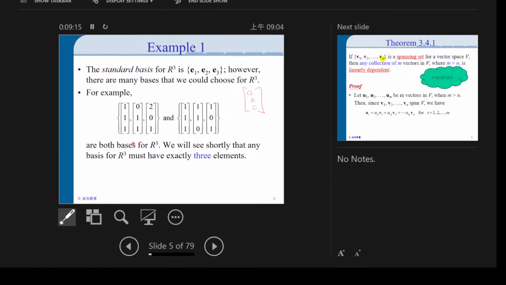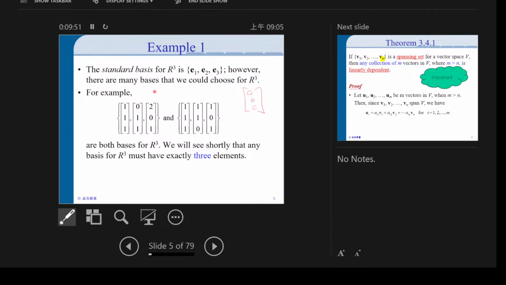You can check that these sets of 3 vectors are also bases for R3, and we'll very soon see that. The important thing is that all those bases have 3 vectors, and you can prove that any basis with a finite number of elements will have the same number of elements if they are bases for the same vector space.